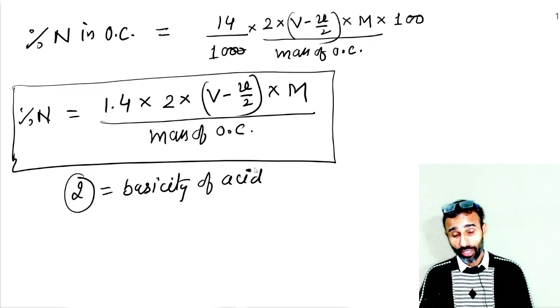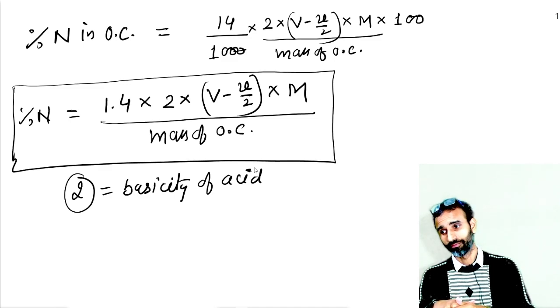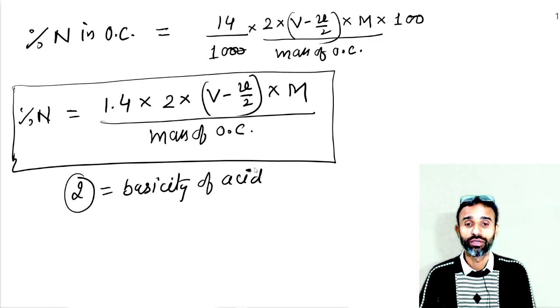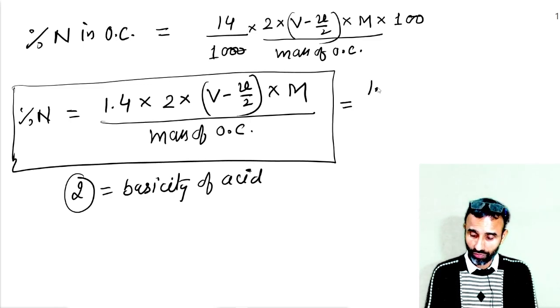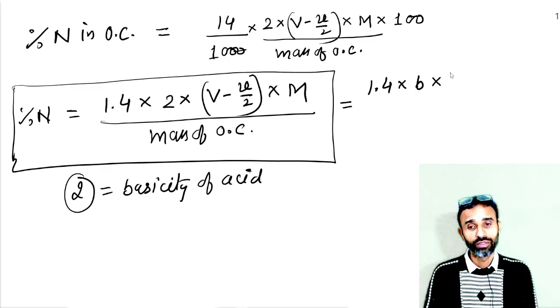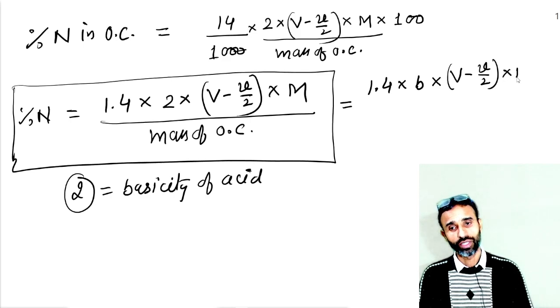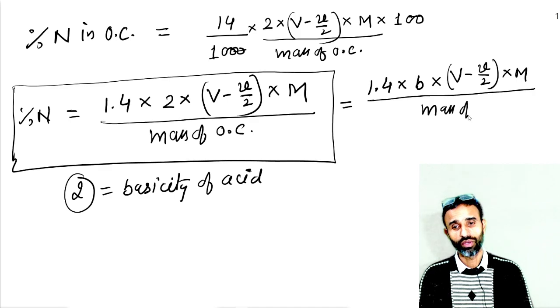If there is HCl instead of H2SO4, we will use 1 here. So in general, we can write it as 1.4 into basicity of the acid into the total volume of the acid used, minus the volume of NaOH used to neutralize the excess acid divided by 2, into molarity of the acid used, divided by mass of organic compound.